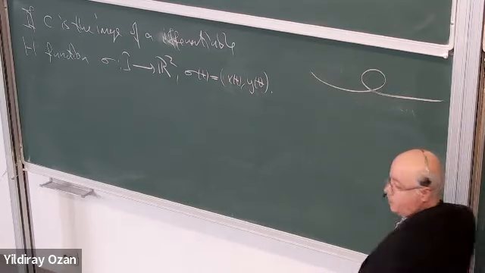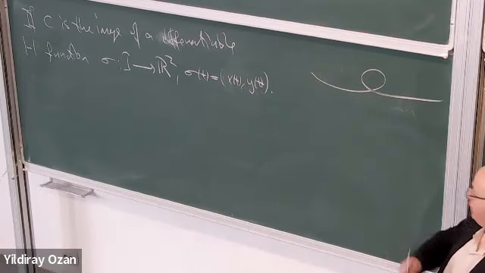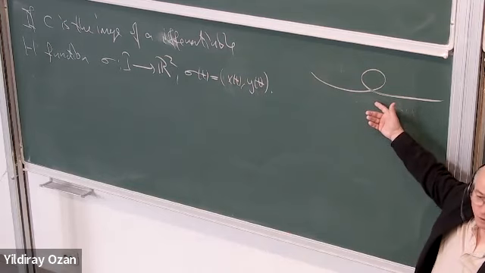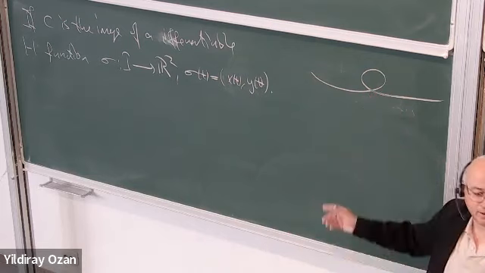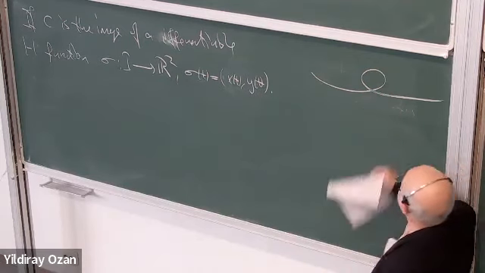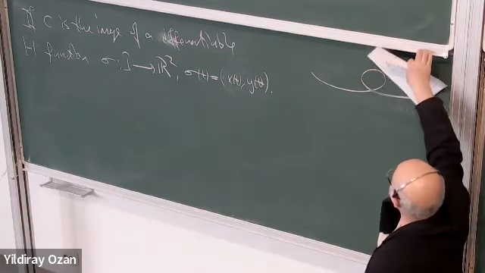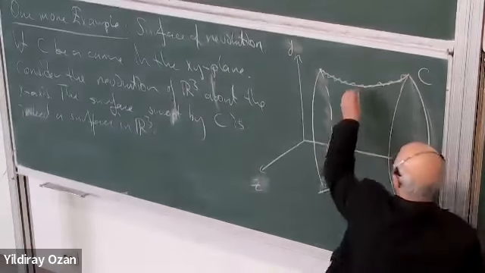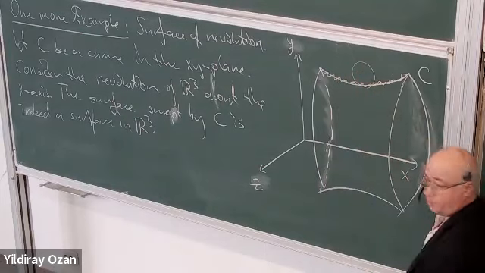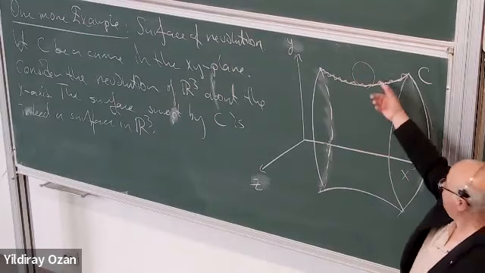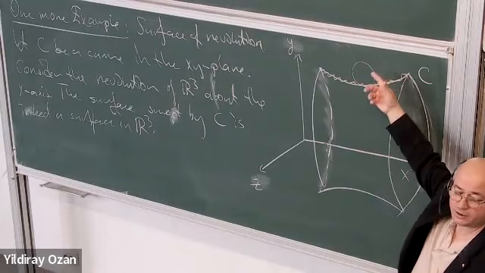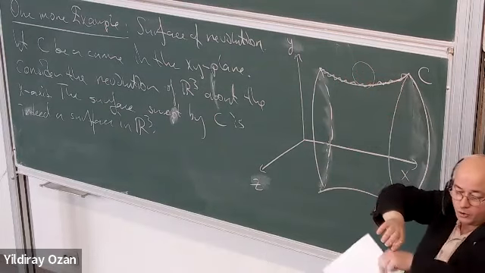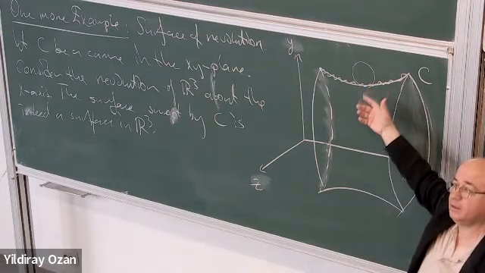If the image of sigma is like this, if it is not one-to-one, then when you rotate this, you will get what? You will get not a surface, but some balloon like this, just around the whole surface.